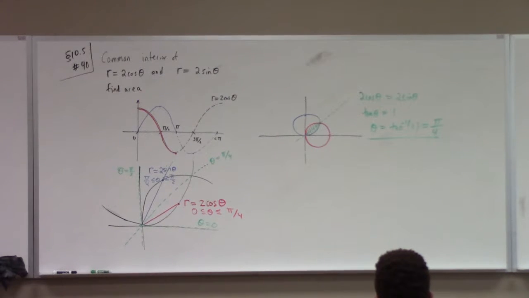But I think it's fairly evident. We can just take either one of these and double it by the symmetry to get the area. If you don't believe me, just do both integrals. It's cool.